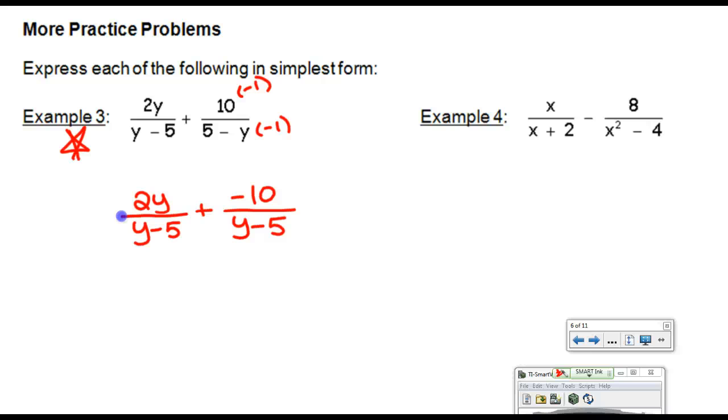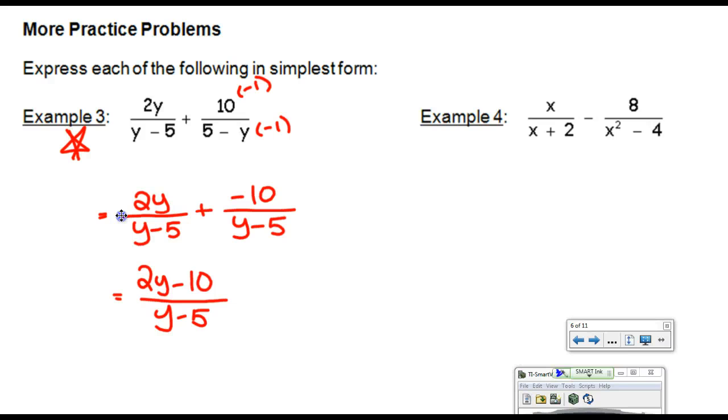All right, once we do that, we now have an easy problem because now we have common denominators. So we keep the denominator, and then we add the numerators. And 2y plus negative 10 are not like terms, so we'll just write them together. And at this point, the adding part is done. Now we just have to see if it can break down.